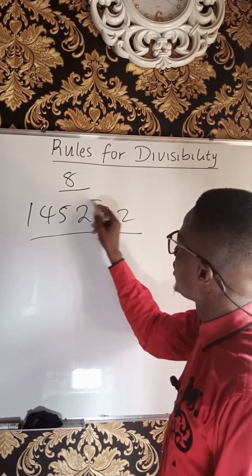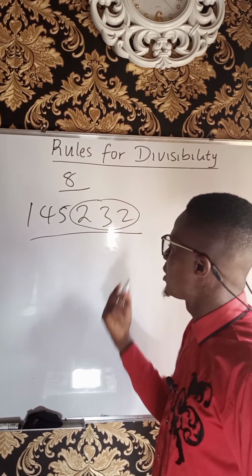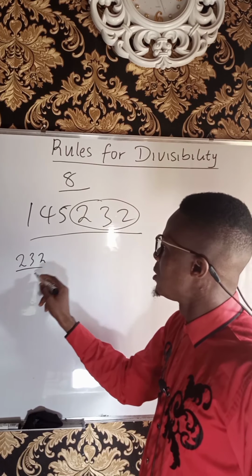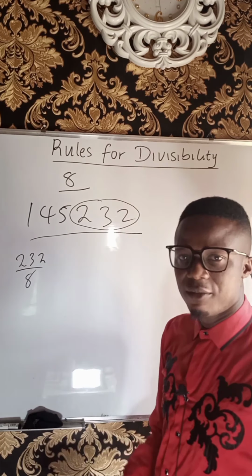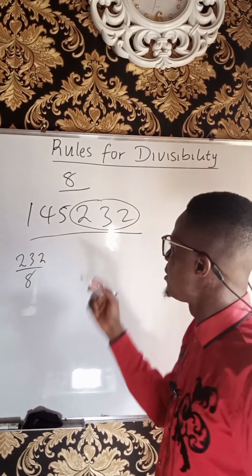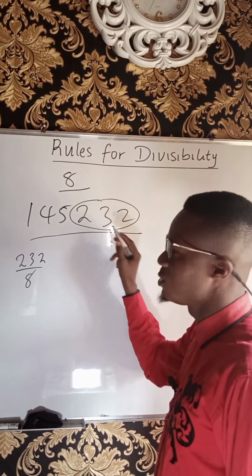But just concentrate on the last 3 digits. You ask yourself, can 8 divide 232? That is what you ask yourself. Of course, 8 can divide 232 without any remainder. And because 8 can divide 232 without remainder, we say that this number is also divisible by 8.